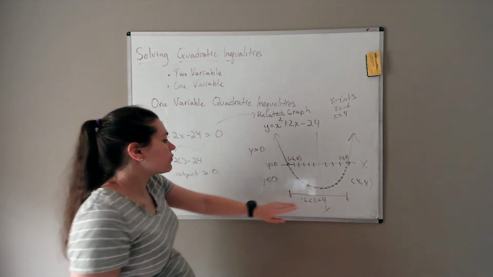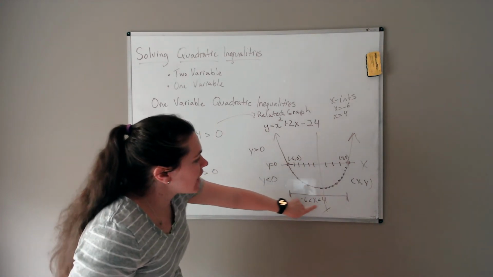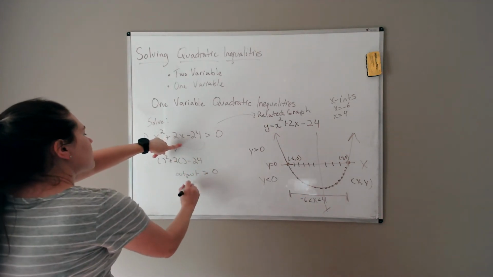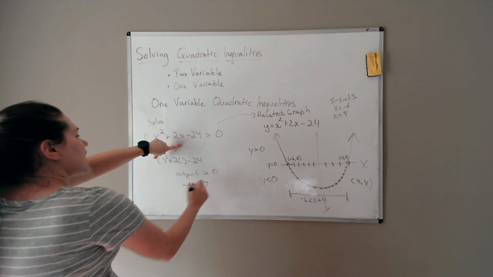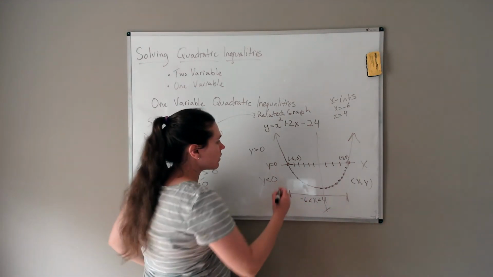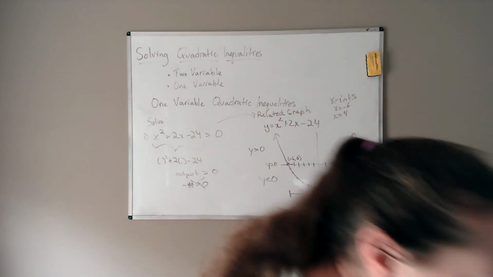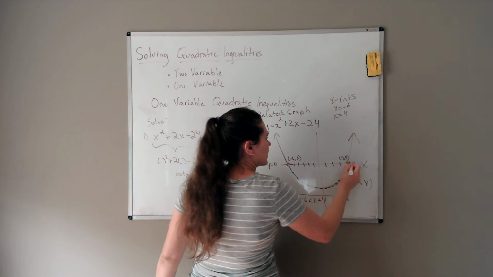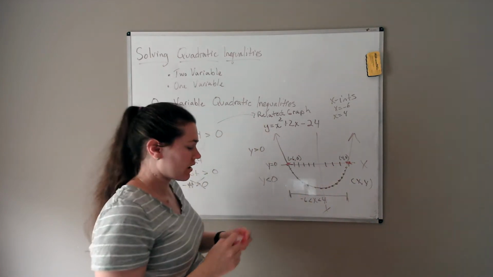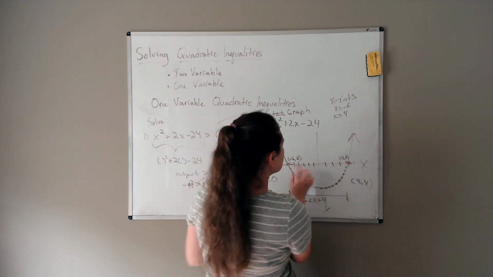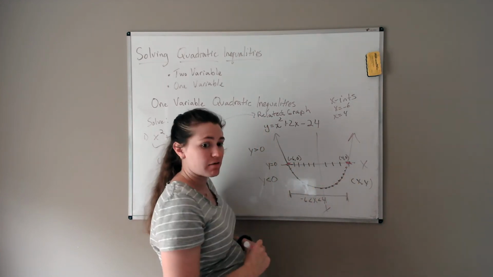Which means if you plug any number in between negative 6 and 4, you're going to have a negative number. Is a negative number greater than 0? No. This is kind of your breaking up point. All of the x's in between have outputs that are negative.